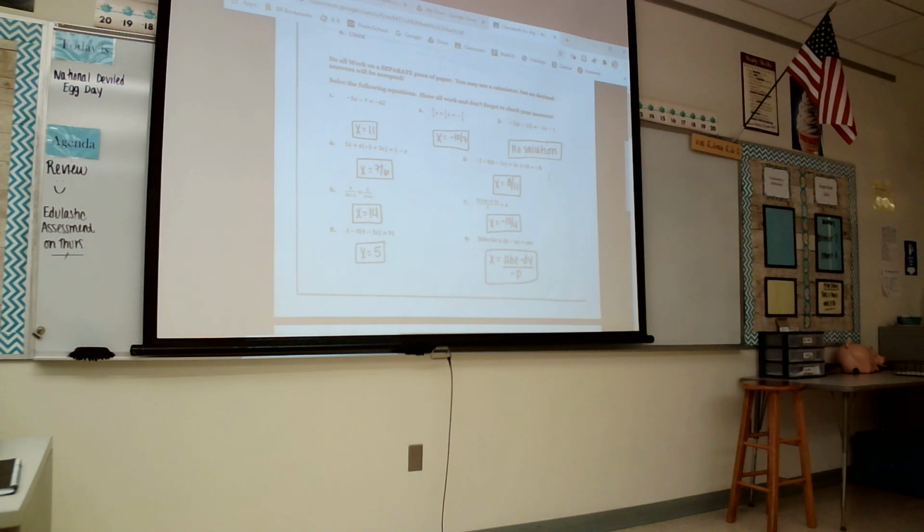So the front was just some solving equations. We had done one or two of them together, but can you check those other ones and see, are your answers agreeing with them? Do you get something different? If you say, hey, can you go over this one? I will go over it. So I'll give you a second to check.